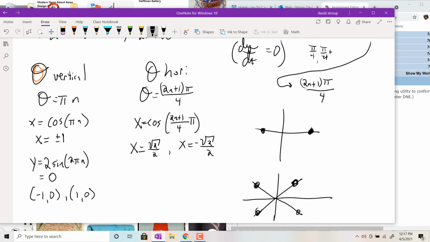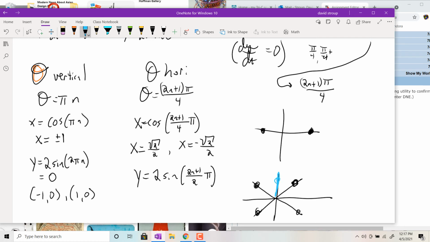And then you have to think about how sine is associated with those as well. Sine of 2 times that thing, so (2n plus 1) over 2 times pi, so odd multiples of pi over 2. Those will be like 3 pi over 2, 5 pi over 2, pi over 2.